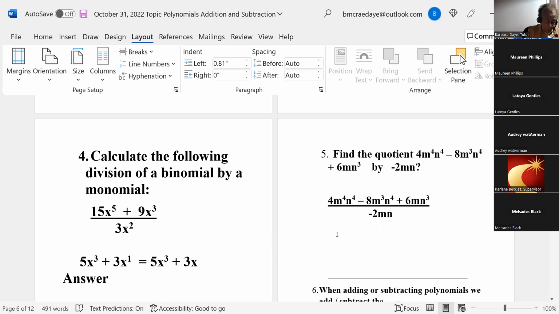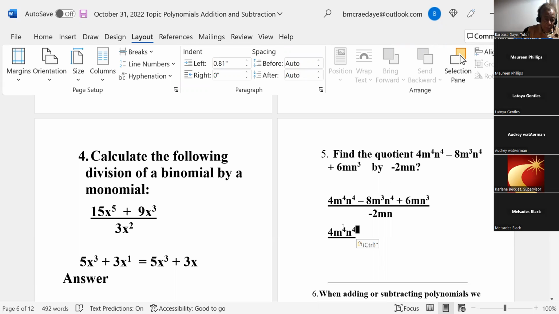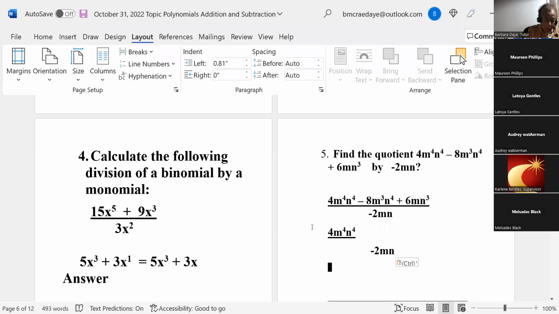Right, put it here. Okay, and we want to divide that by minus 2mn because each one of those has to be divided by that divisor, right? Okay, so let me just move that over. So now do that for each one.